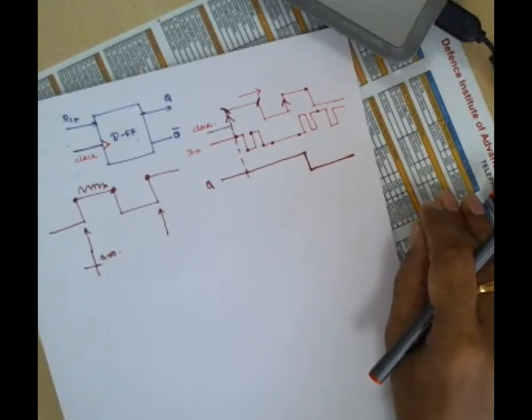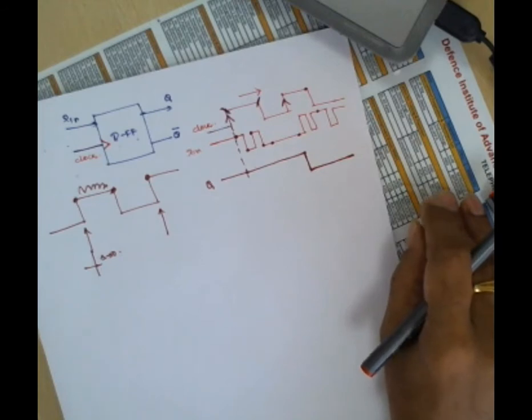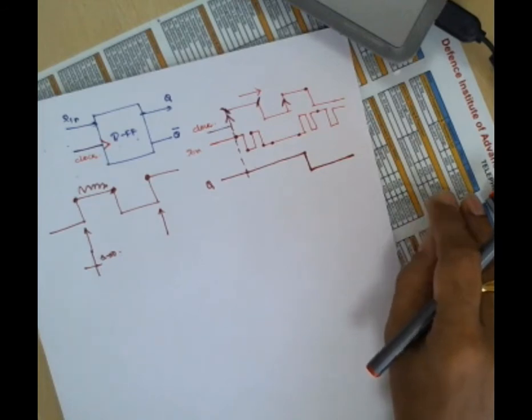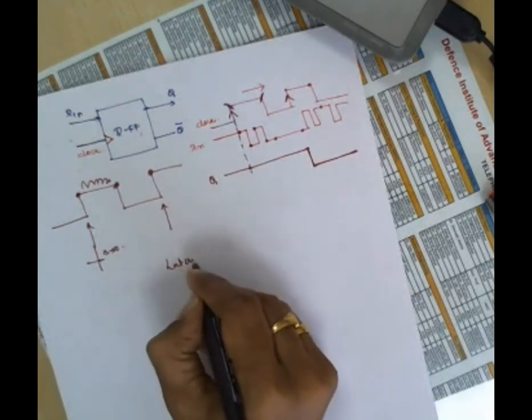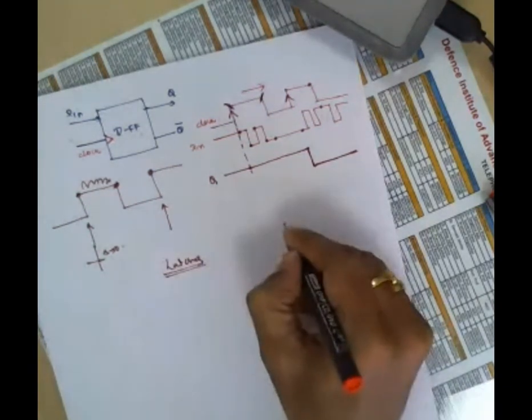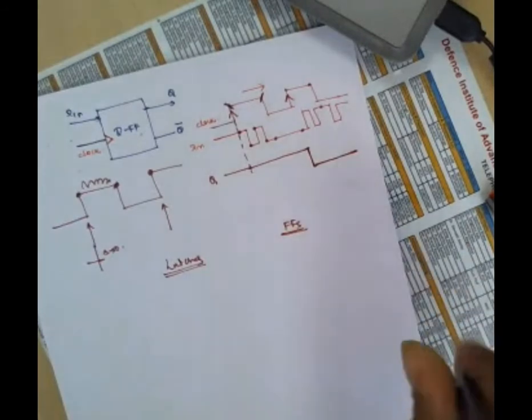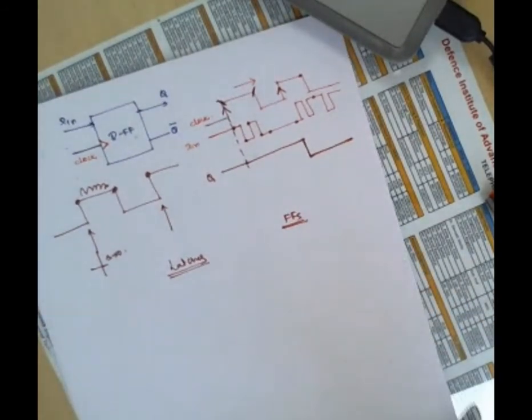Now we can classify flip-flops and latches. Latches and flip-flops. So a flip-flop is nothing but again the same register, the same memory element. It has the capability to store the data.